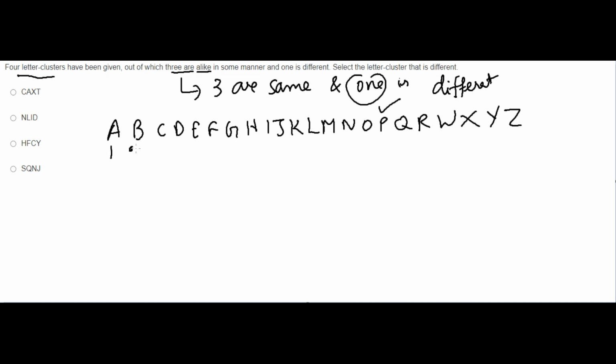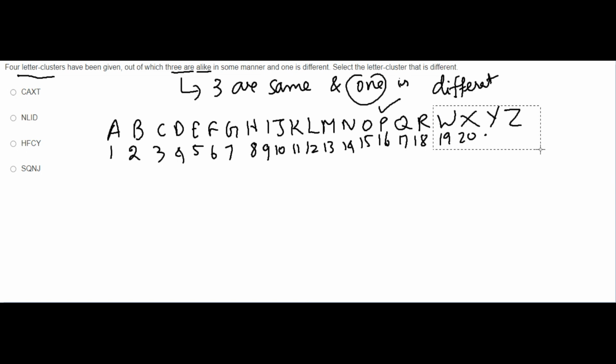So I can write the numbers 1, 2, 3, 4, 5, 6, 7, 8, 9, 10, 11, 12, 13, 14, 15, 16, 17, 18, 19, 20 along with A, B, C, D, E, F, G, H, I, J, K, L, M, N, O, P, Q, R. Don't worry, I wrote something in the wrong way.